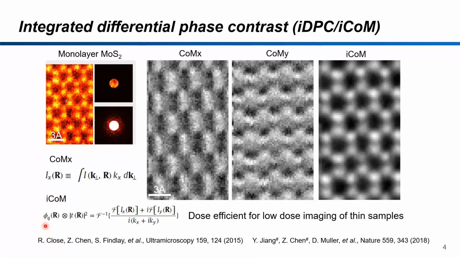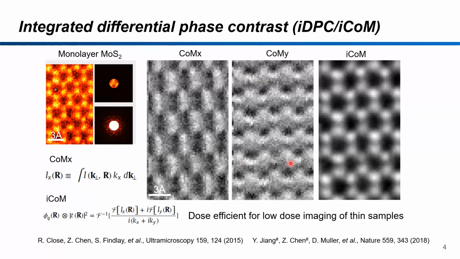And I want to emphasize that the image we get is the phase convolved with the intensity of the incident probe. So the distortion of the incident probe will be within this integrated center of mass.